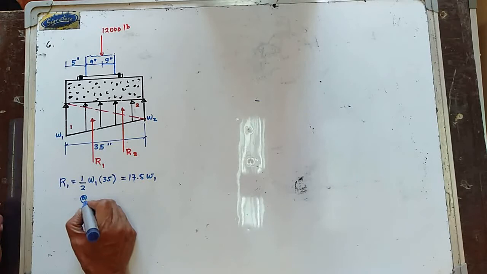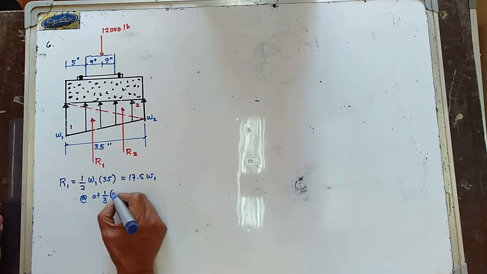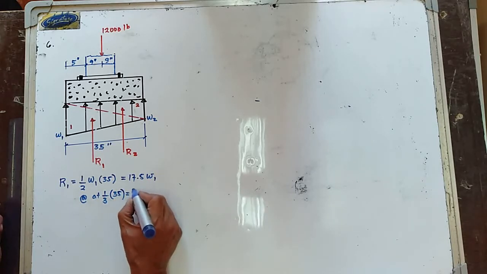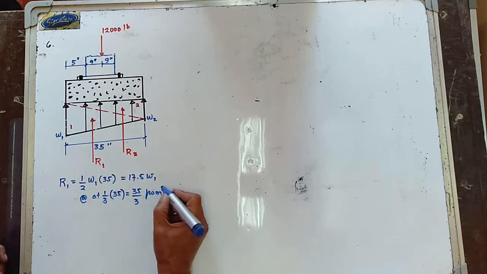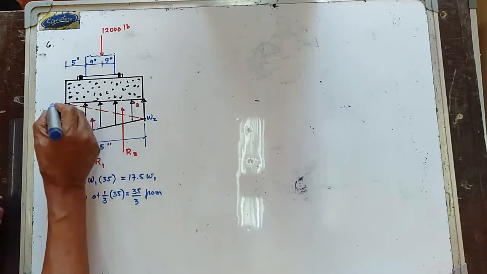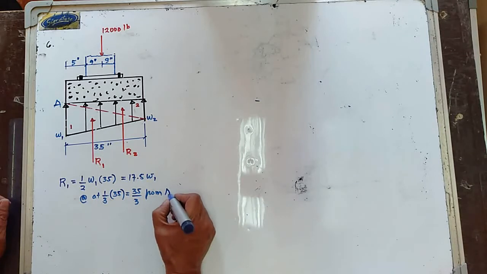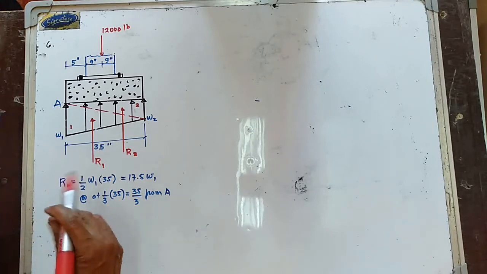And this is acting at 1/3 of 35 from point A, so this is equal to 35 all over 3.